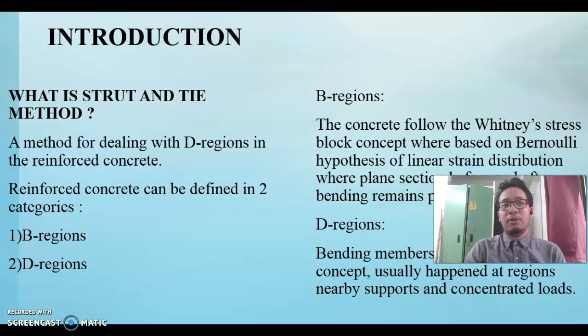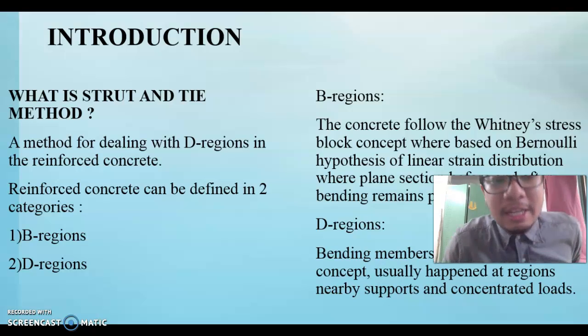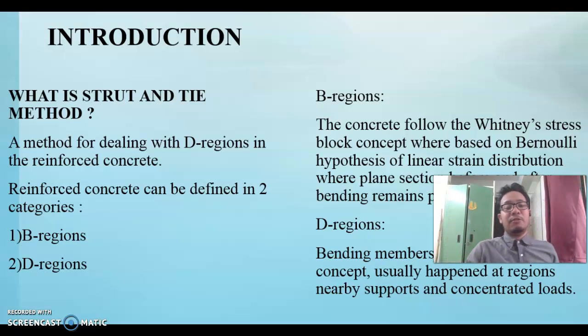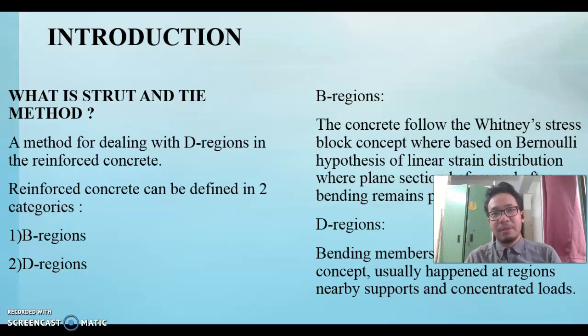For the introduction, what is the strut and tie method? The strut and tie method is a method for dealing with the regions in reinforced concrete. Generally, reinforced concrete can be divided into two categories: B regions and D regions.